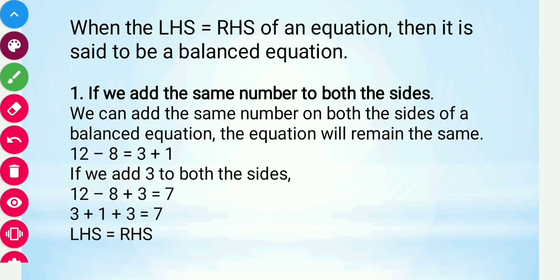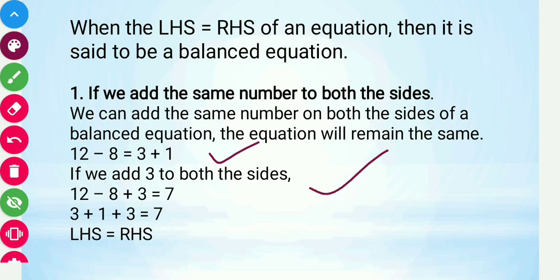We have some concepts here. We can add the same number to both sides of a balanced equation and the equation will remain the same. For example, consider 12 minus 8 is equal to 3 plus 1. We know, friends, that 12 minus 8 is 4, and 3 plus 1 is also 4.